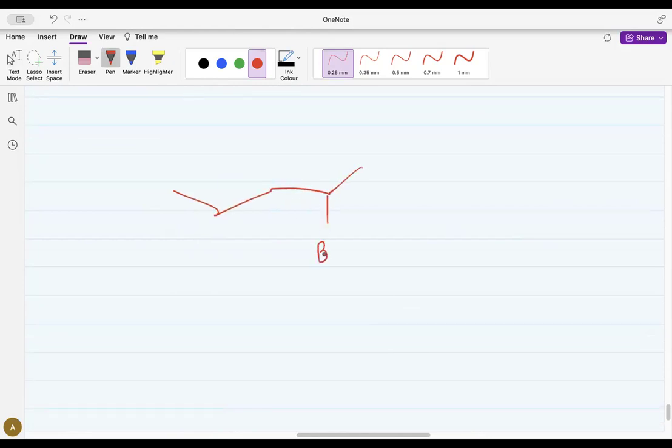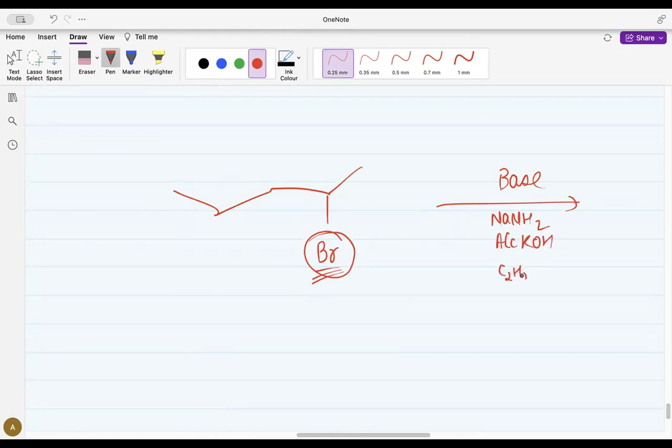Let's say this is my leaving group, bromine, chlorine, bromine, these are all leaving groups, beta. If I have a leaving group, if any base comes, a base like NaNH2 minus, like alcoholic KOH, like C2H5O minus K positive, any base, DBU, DBN, these are all bases.